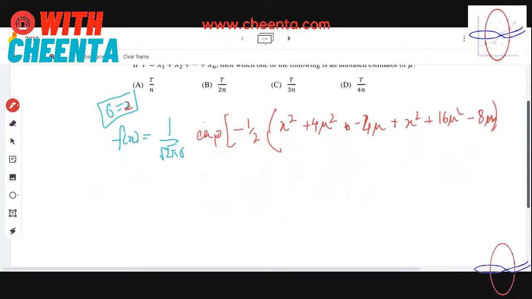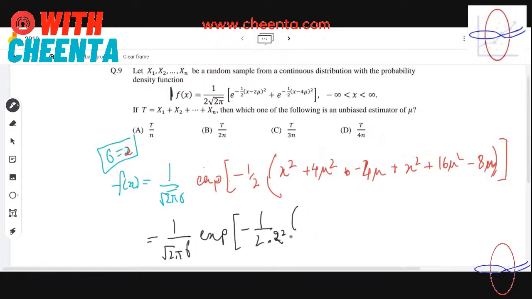So I think there will be some two commons out, so let's try to write this down. So you get 1 by root 2 pi sigma. Sigma is equal to, you already know, exponential minus half into 2 square by 2 square. Okay, so you already get 2 square here. Let's see what you get in the above part.